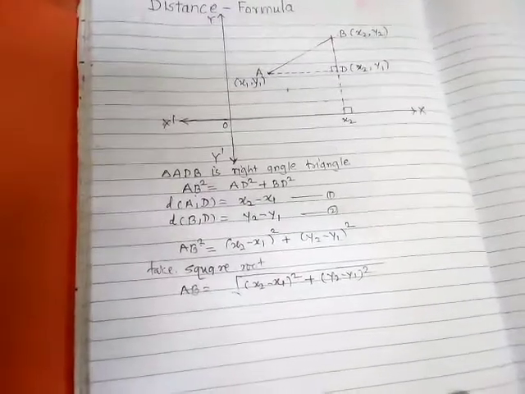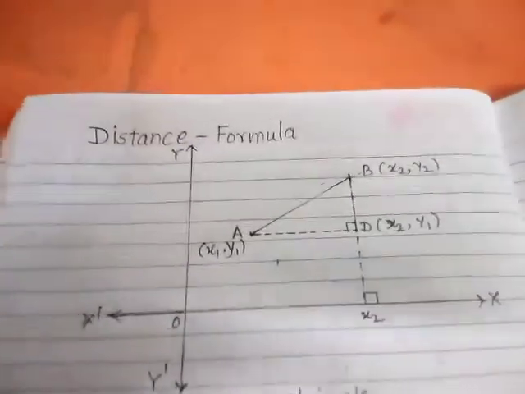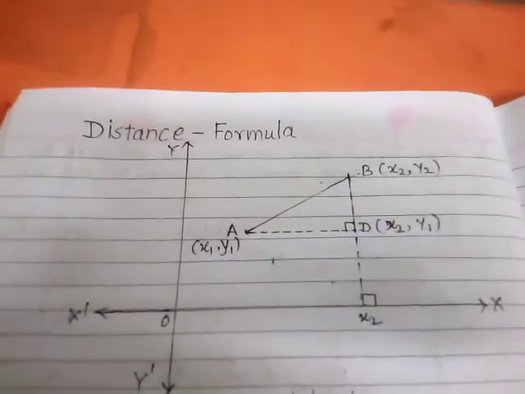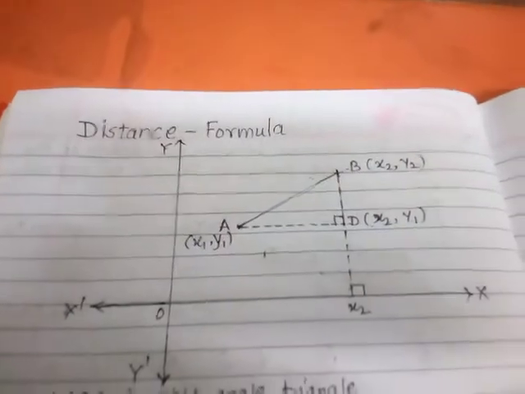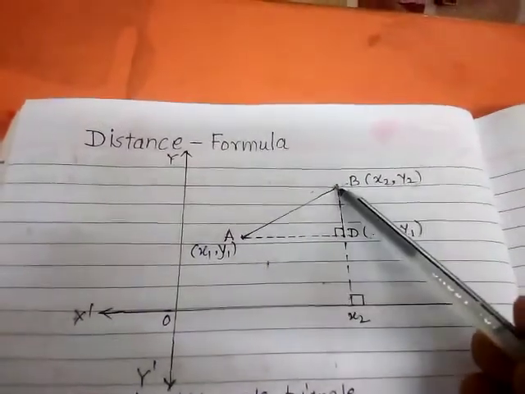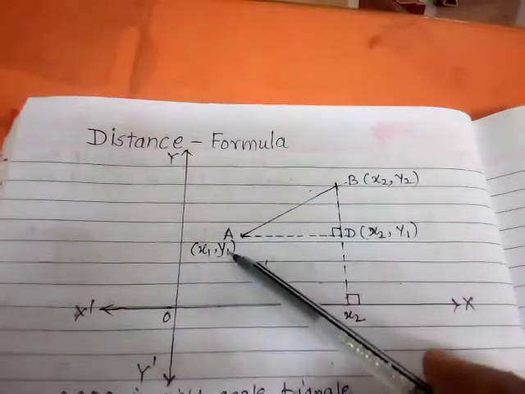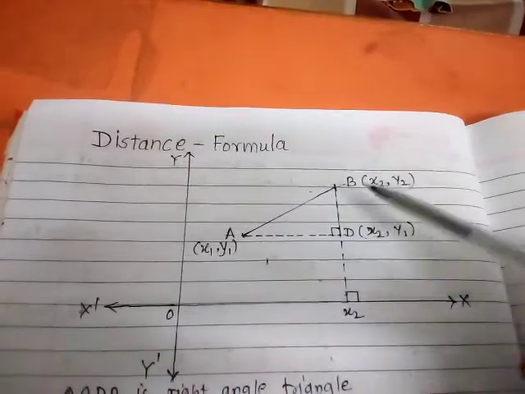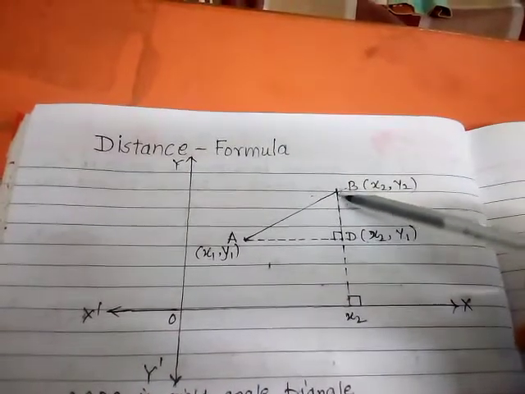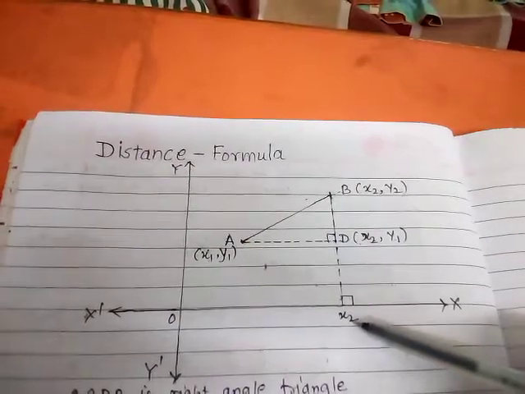Let's recall the distance formula. In this case, we are considering 2 points. The first point A has coordinates x1, y1. The second point B has coordinates x2, y2. The segment joining them is AB. Their x and y coordinates are different. Therefore, we draw a perpendicular from point B to the x-axis, intersecting at x2.